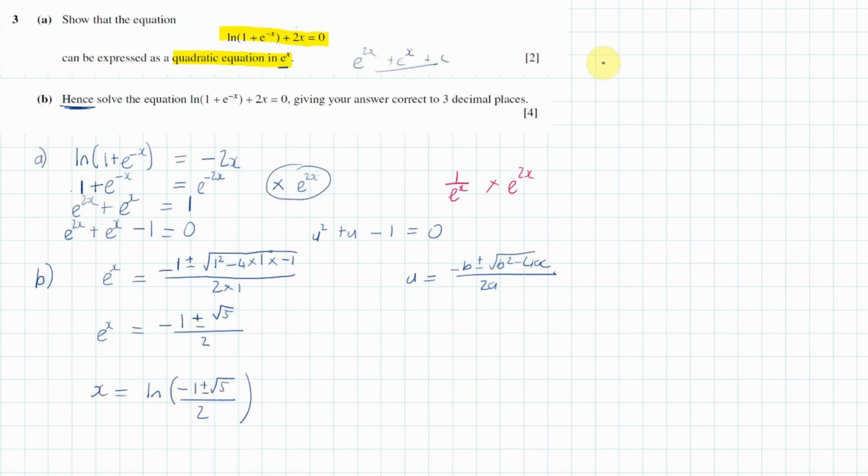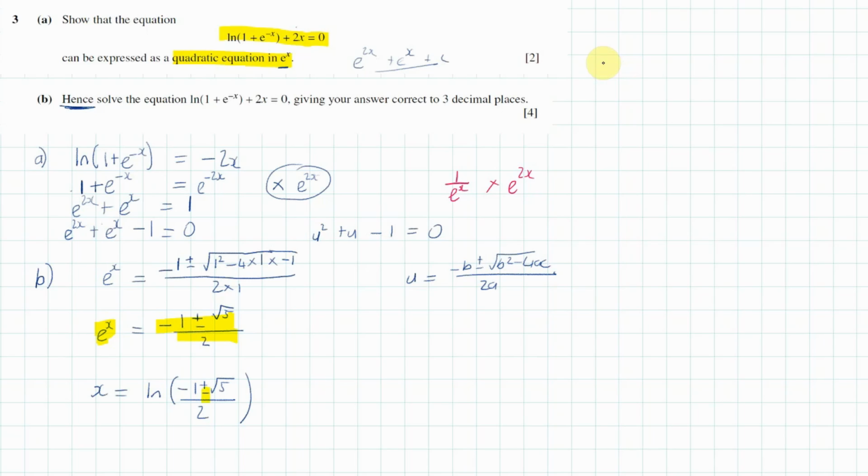You see that? E to the x, that's what I've got, is this. To find x, I have to take ln of it to get rid of that e. But you can see, I hope, that we don't want this minus sign here because that would give us a negative, and ln of a negative is undefined.